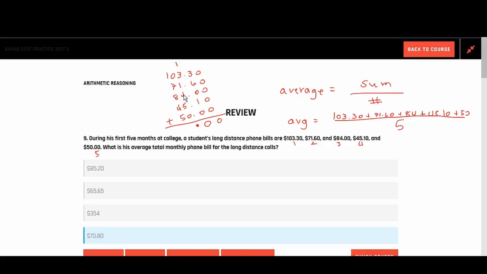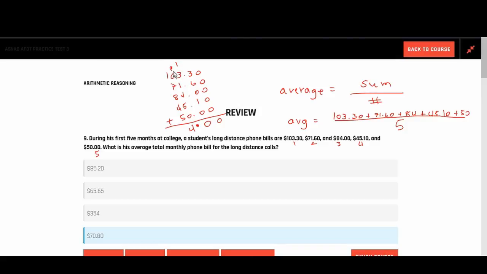We have 5 plus 4, which is 9, plus 1 is 10, plus 3 plus 1 is 14. Let me just double check myself. 5 plus 4 is 9, plus 1 is 10, plus 3 is 13, plus 1 is 14.